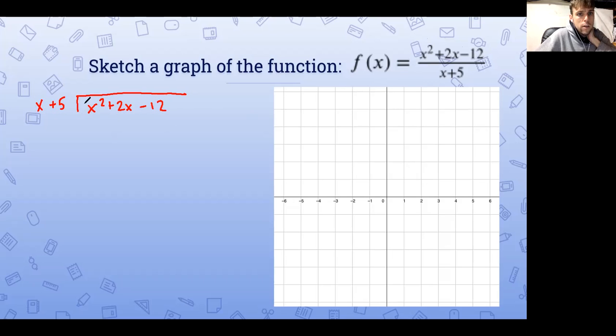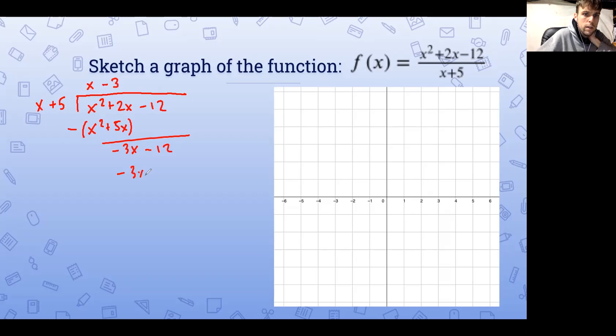Okay, ratio x squared over x is x. Distribute that. Subtract. 2 minus 5 is going to be negative 3. Negative 3x over x is negative 3. Distribute that.